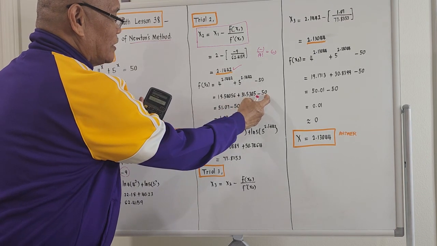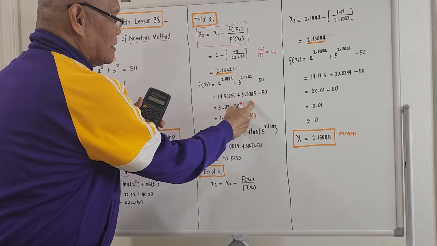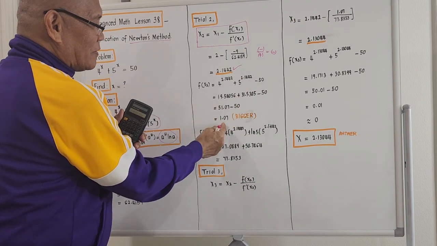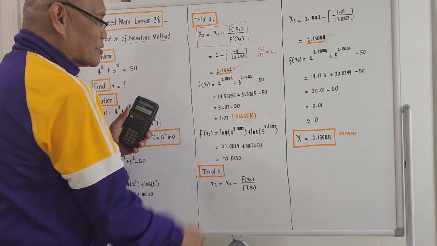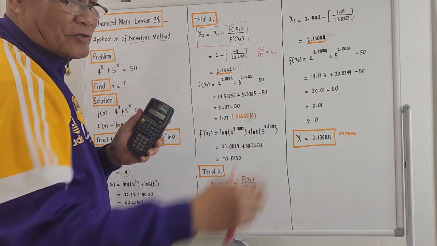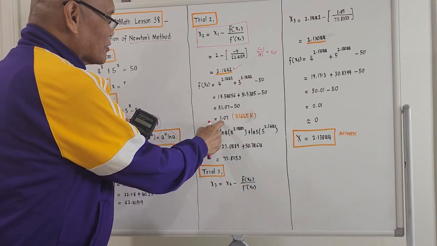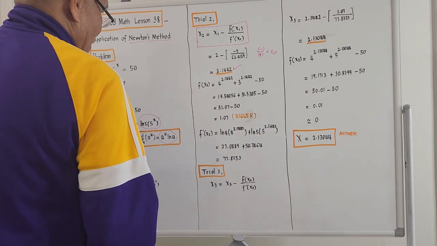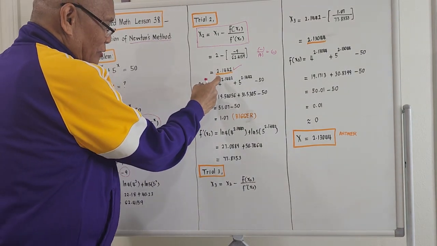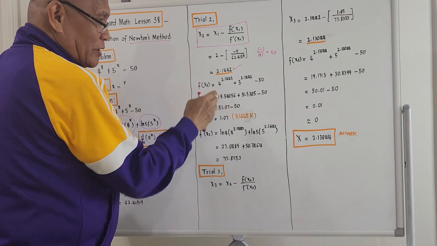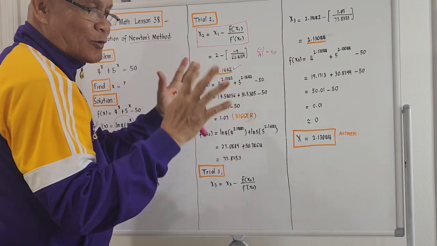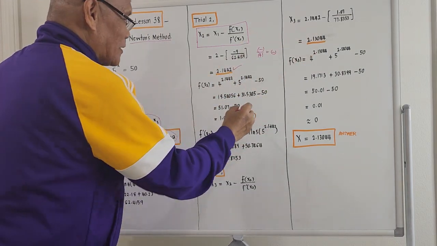You subtract 50. 51.07 minus 50 is 1.07. It is greater than 0 by a value of 1.07, meaning this second trial value 2.1442 is slightly higher than the correct answer. Okay, that's why I place it here, it's bigger.